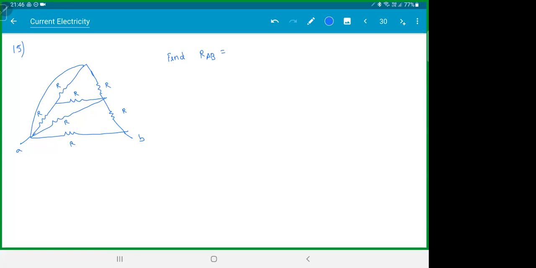Yeah, nodal analysis. Name the points. If 2 points are connected by wire, they'll have same potential and finish off from there.